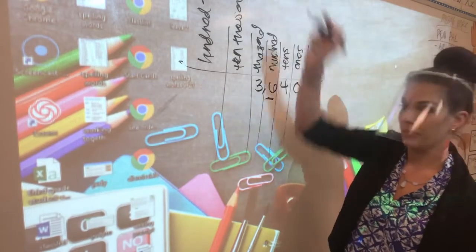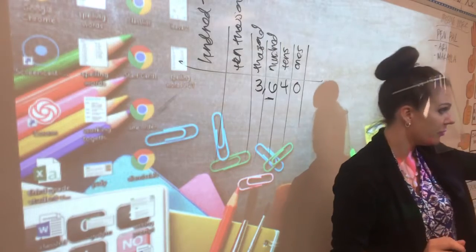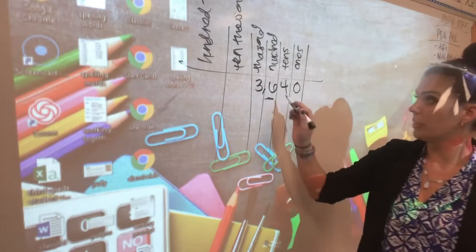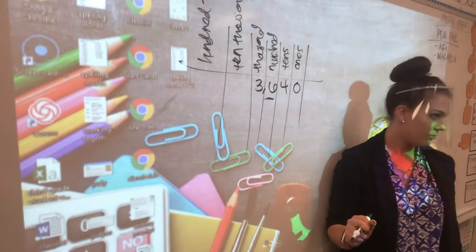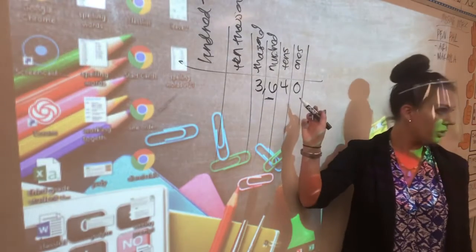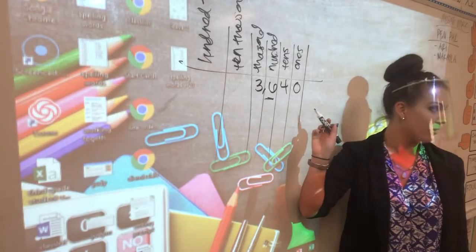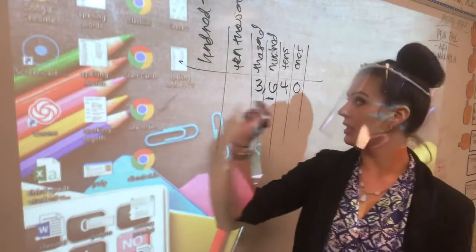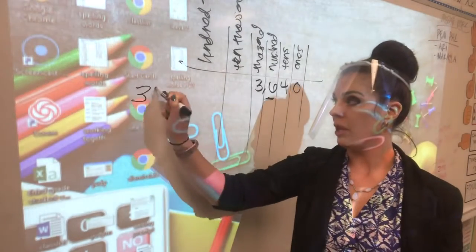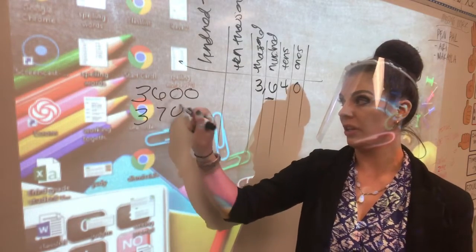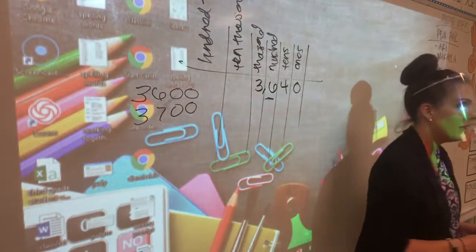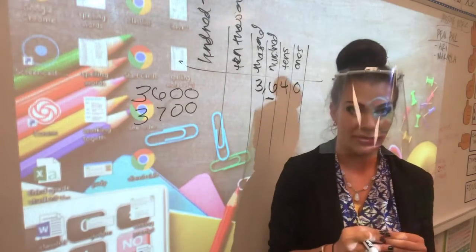So that's the number that's either going to stay a 6 or become a 7. The 4 is going to go away. The 0 is going to be a 0 still. So it's either going to stay at 600 or go up to 700 because I'm rounding to the nearest 100 place value.